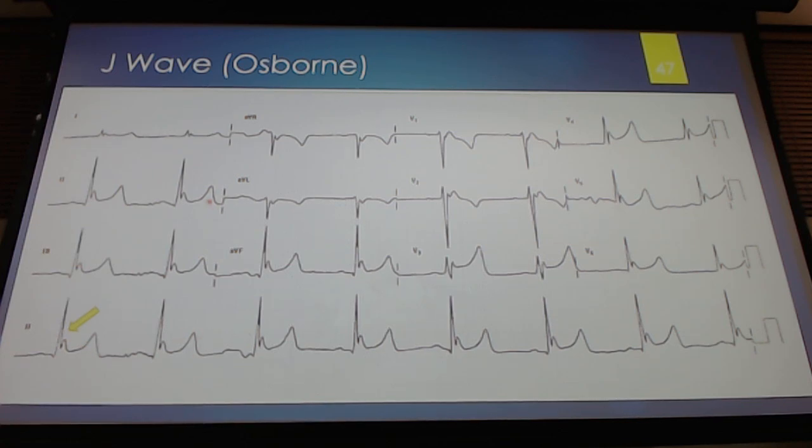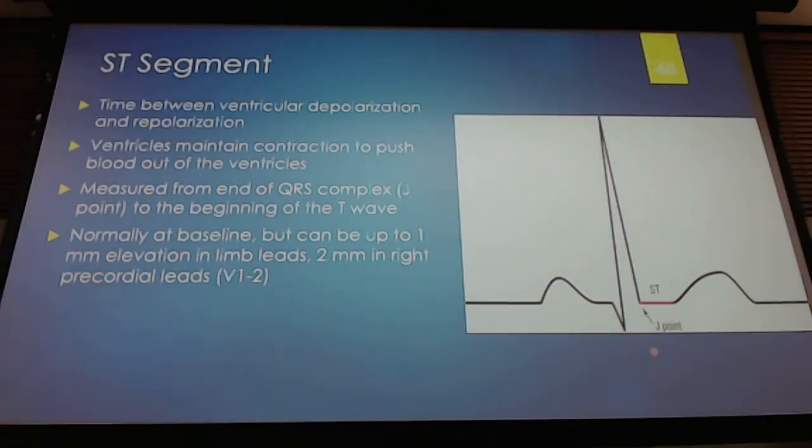We see it here, we see it here, we see it here. We also see it over here in our lateral leads, right here and right here. So hypercalcemia, hypothermia, intracerebral hemorrhage would cause a J wave.